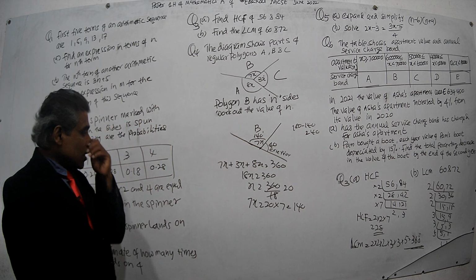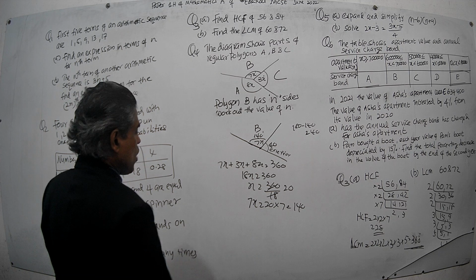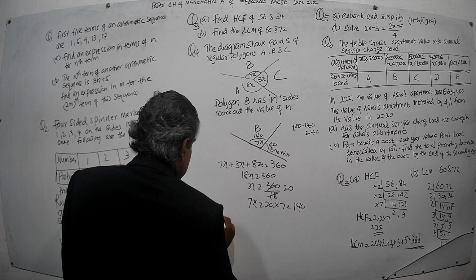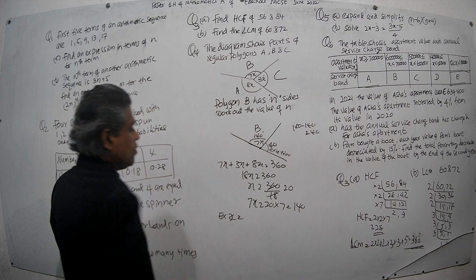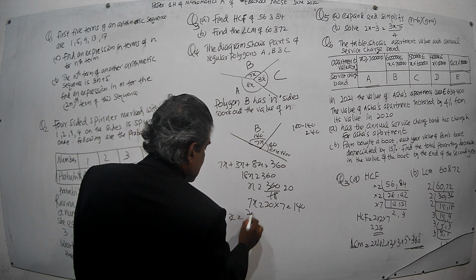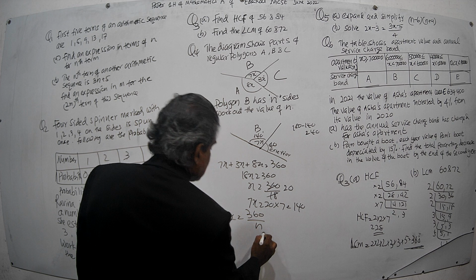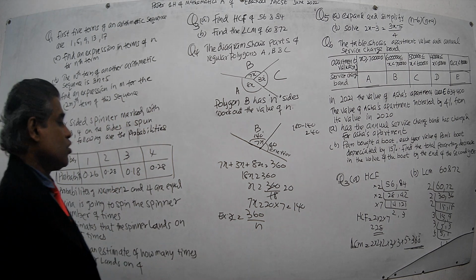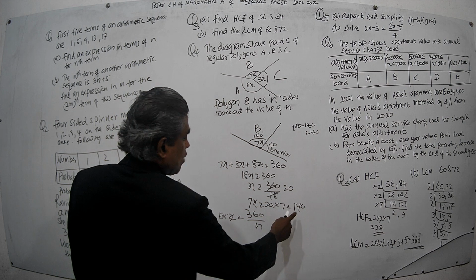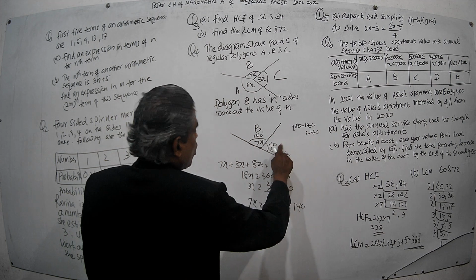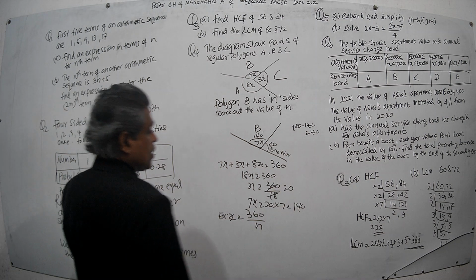Then if the exterior angle is 40 degrees, you apply that formula. Exterior angle equals 360 over number of sides, that is n. Then you take this exterior angle, which has been found here. The value of the exterior angle is 40 degrees.